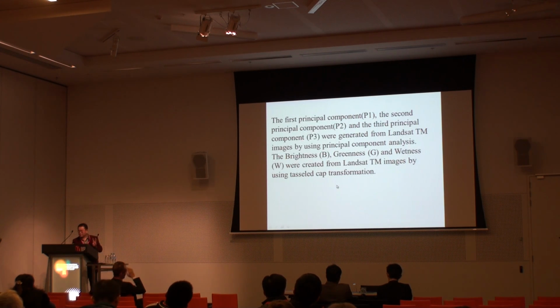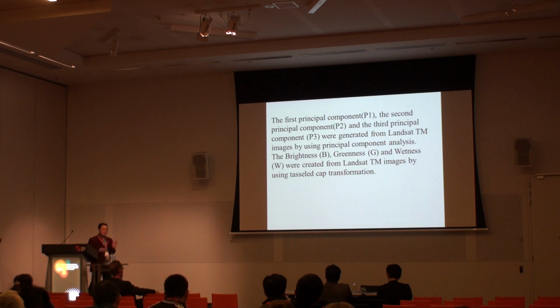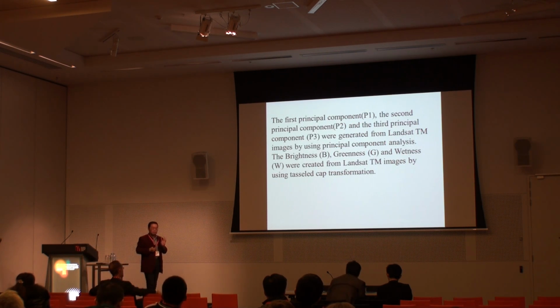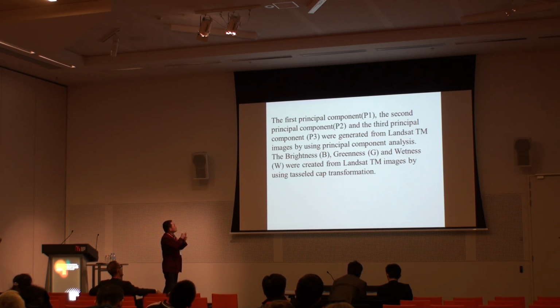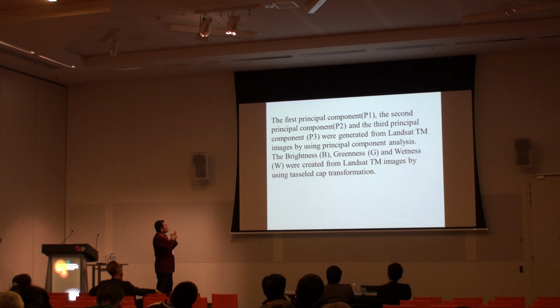We also use principal component analysis to process the Landsat TM and got three principal components: the first, the second and the third principal components. This data will be used.